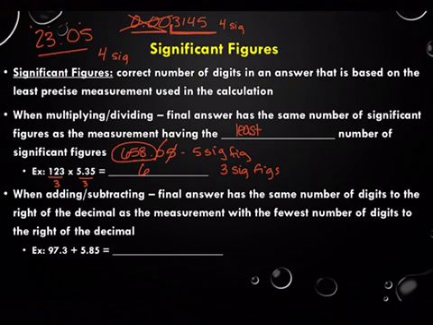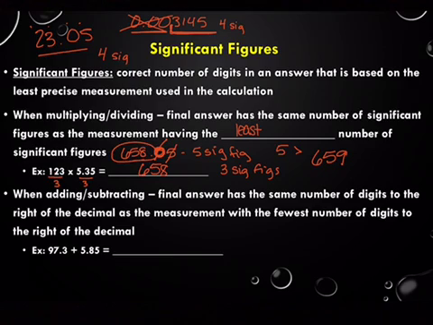So your final answer would be 658. If this 0 right here had been a 5 or bigger, we would have rounded our final answer to 659. So rounding rules, you apply those rounding rules.